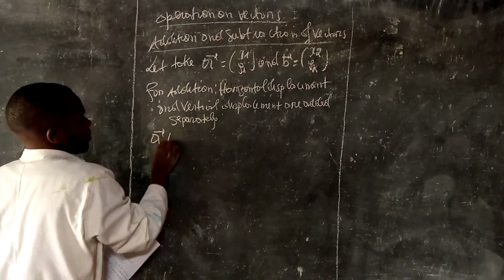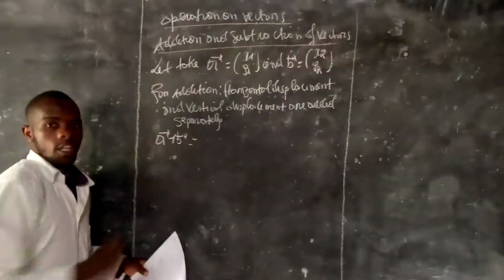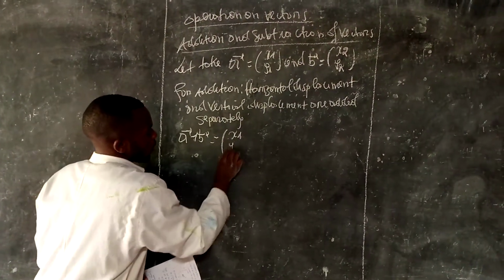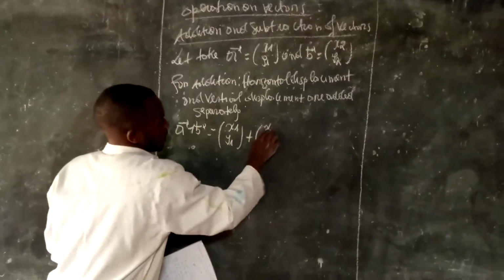Now A plus B, vector A plus vector B, means that you have x1 and y1 plus x2 and y2.